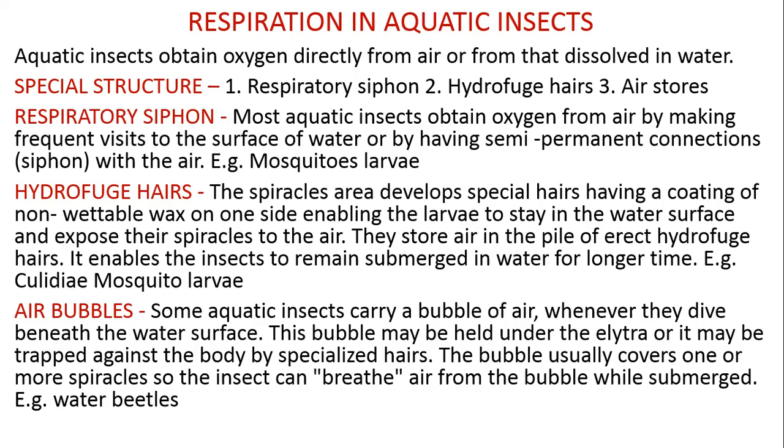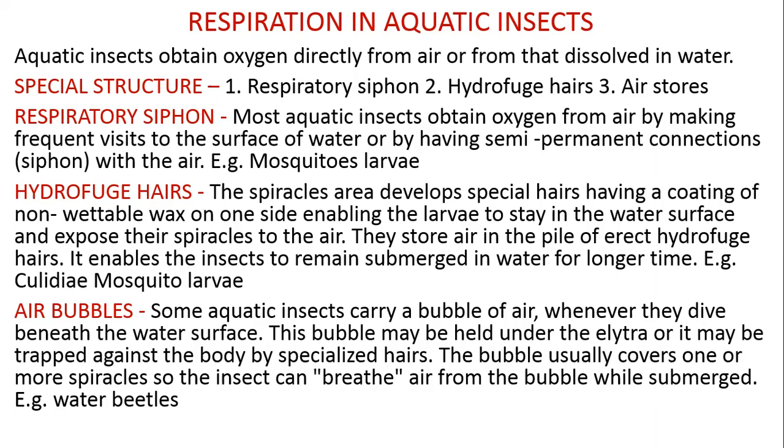Air bubbles. Some aquatic insects carry a bubble of air whenever they dive beneath the water surface. This bubble may be held under the elytra or it may be trapped against the body by specialized hairs.